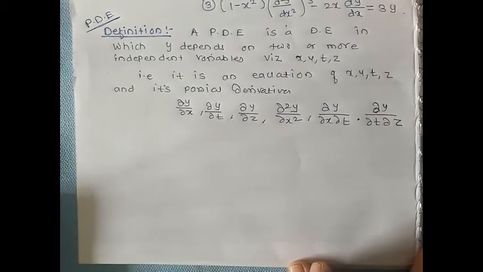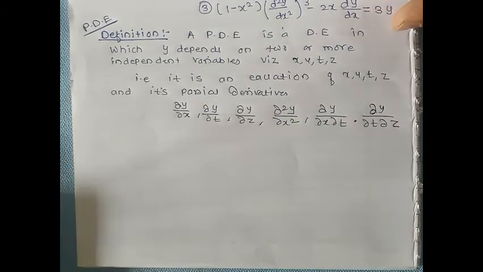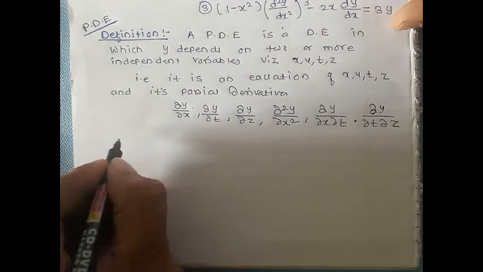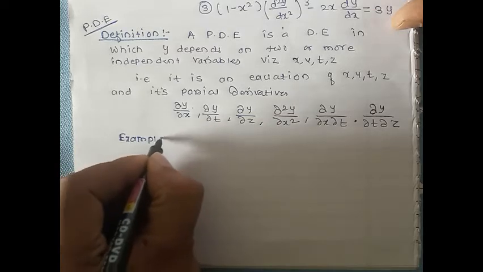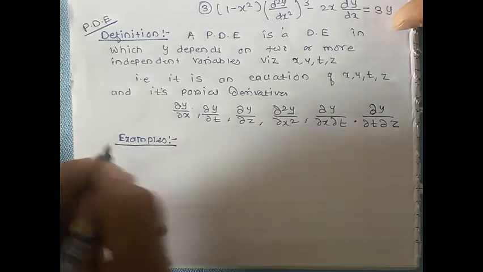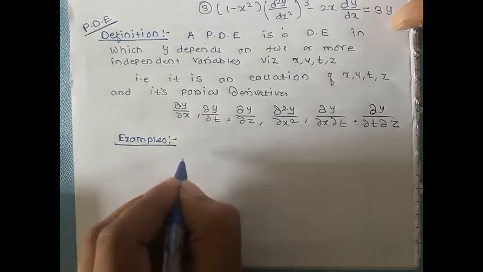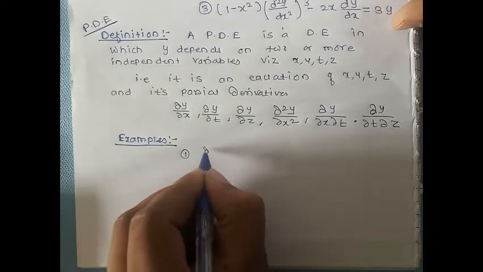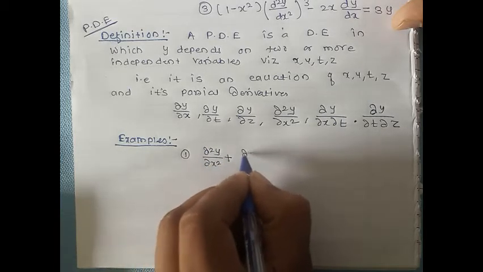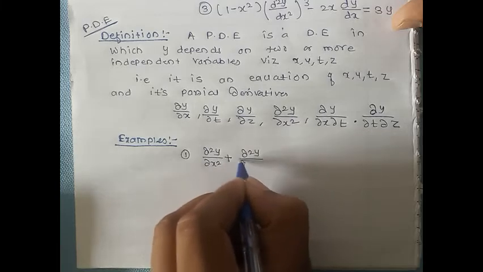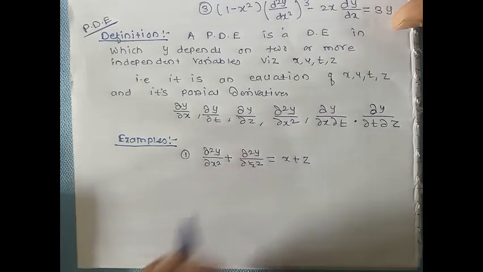Now we will see examples of partial differential equations. First example is dou 2y by dou x square plus dou 2y by dou z square is equal to x plus z.